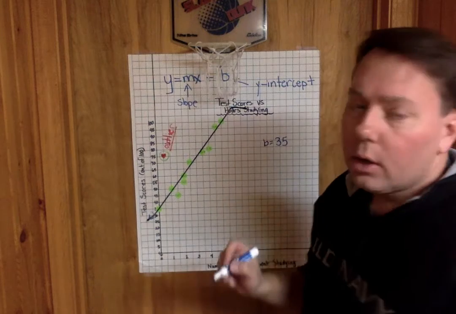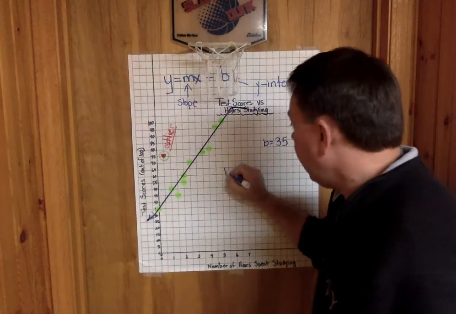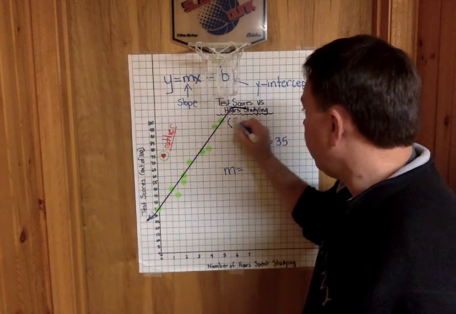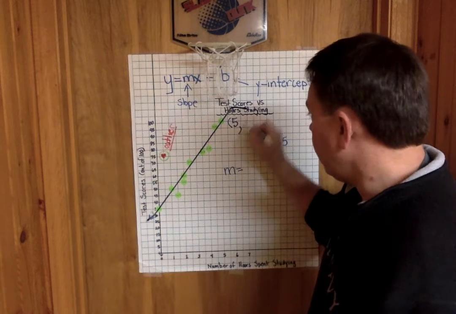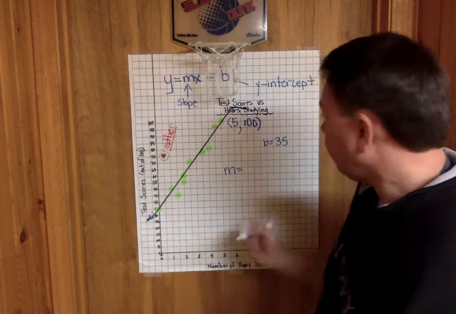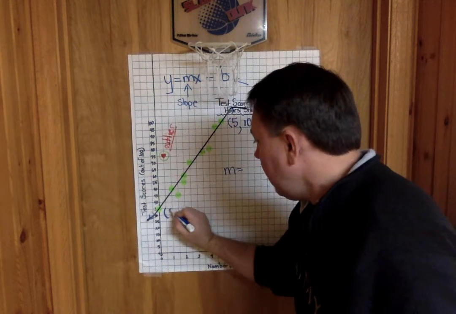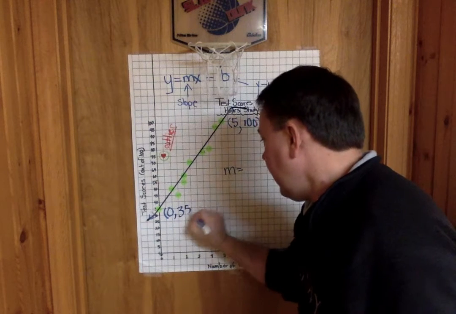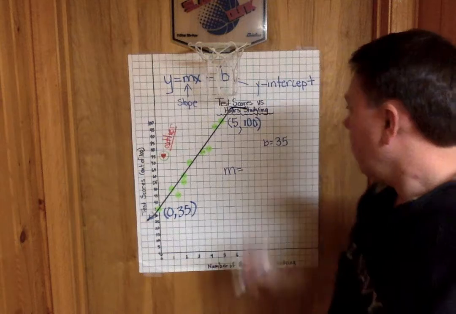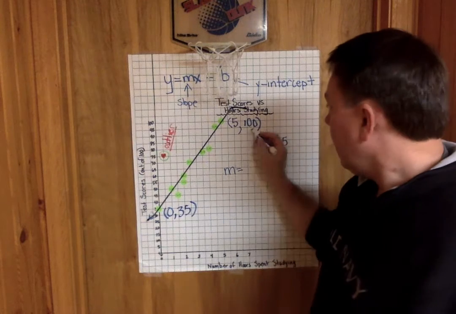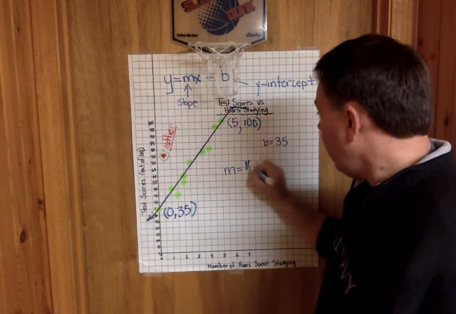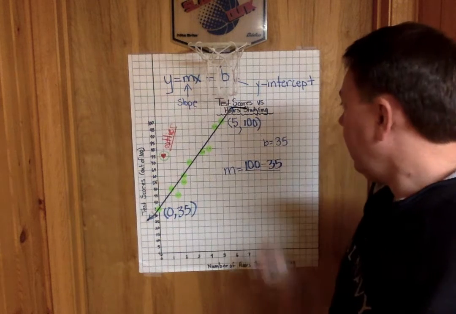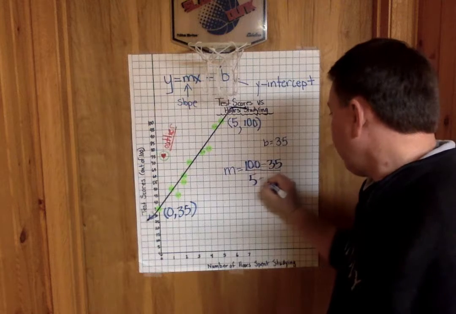Our slope we can calculate by using the 2 points. Somebody studied 5 hours and scored a 100, and somebody studied 0 hours and scored a 35 on the test. The way you calculate this is you subtract the y values, so 100 minus 35, divided by 5 minus 0.